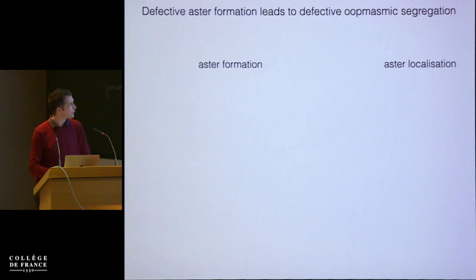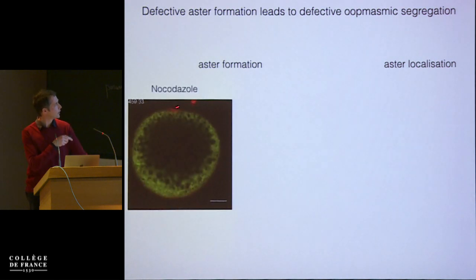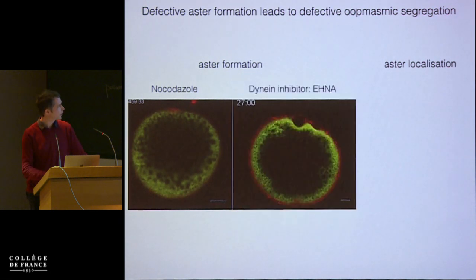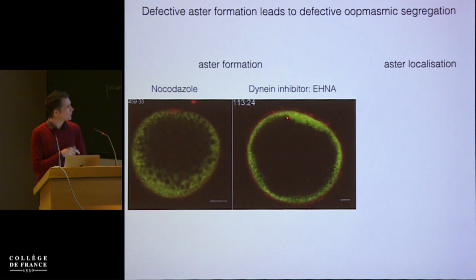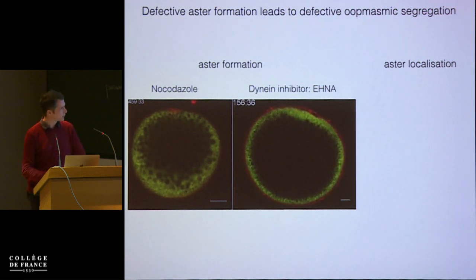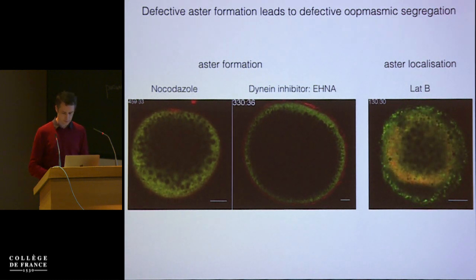So we did some preliminary experiments where we interfered with aster formation and aster localization. Obviously, if you inhibit microtubules, then you don't get this initial clearance up here because you don't get microtubule asters. If you inhibit dynein, you interestingly see a very similar effect: you don't get clear microtubule aster formation. You don't get this initial accumulation of ooplasm. And if you interfere with the actin cytoskeleton, these asters are mislocalized and you don't get clear fusion.